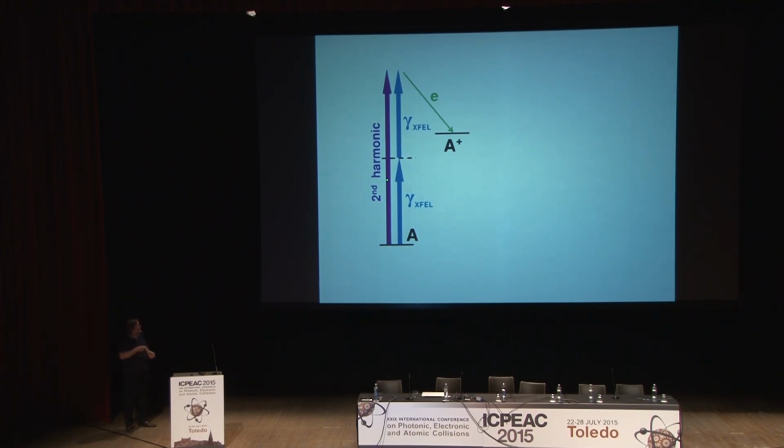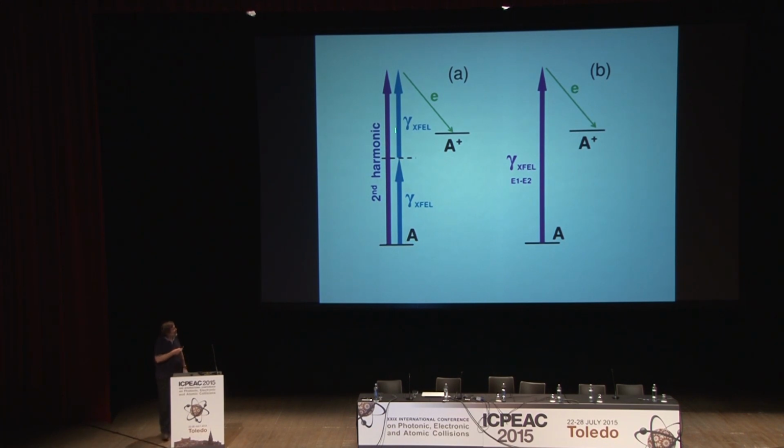And even 1% of the second harmonic can dominate over this second-order process. There were already many papers on that done in the optical region, and I picked a couple of examples. There's an interesting analogy with the non-dipole contribution. You see, this is E1, E2 interference, and this is interference between these two paths. These two-photon transitions, in a sense, look very similar to E2 transitions.